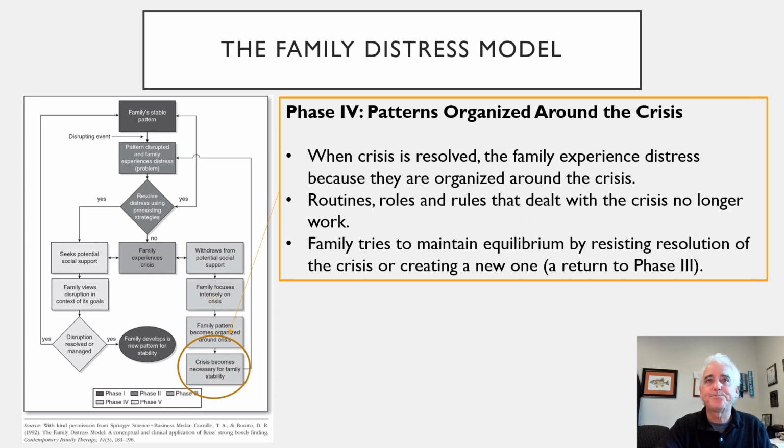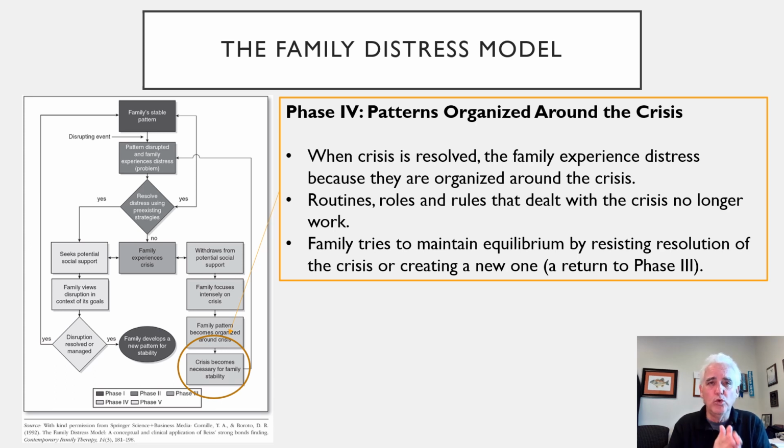Next slide, please. So the final piece of this is that they organize their family patterns around the crisis. They are now so organized around the crisis, as I had previously mentioned, that when the crisis is gone, the family experiences distress because the crisis is gone, right?